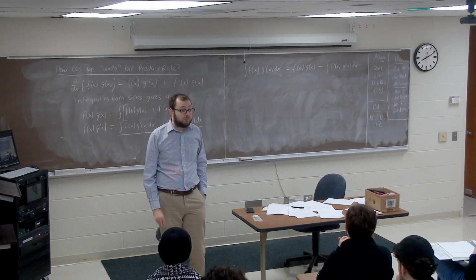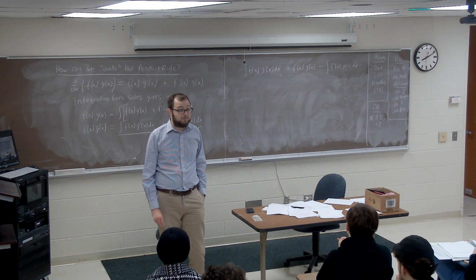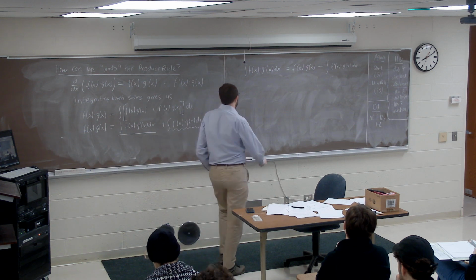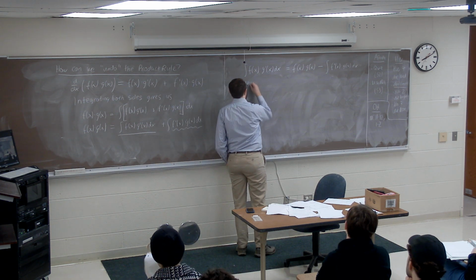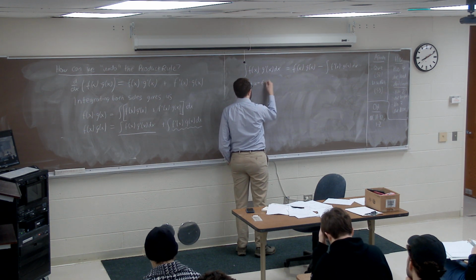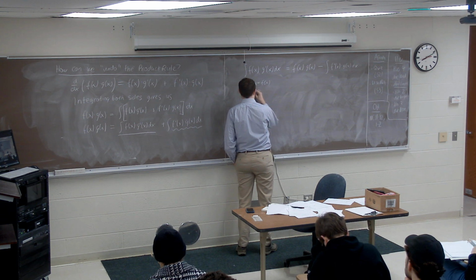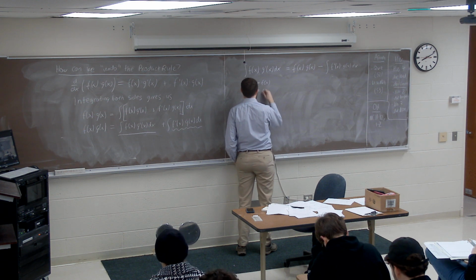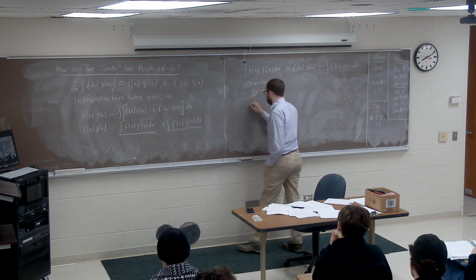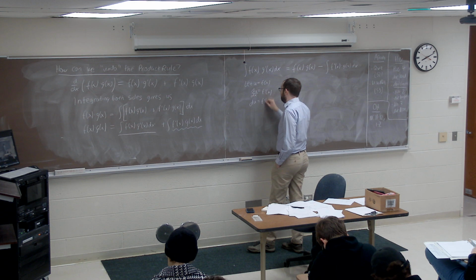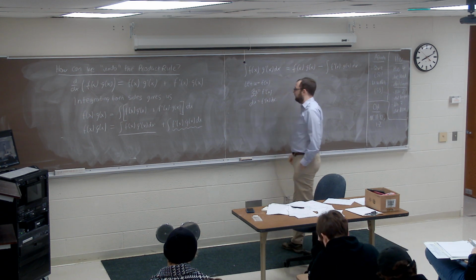Now, we're going to make a u substitution. What I'm going to do is let u represent f of x, which would make du dx equal to just f prime of x, or du equal to f prime of x dx.